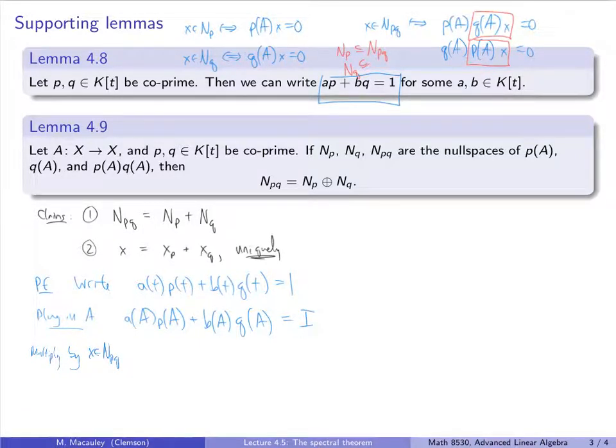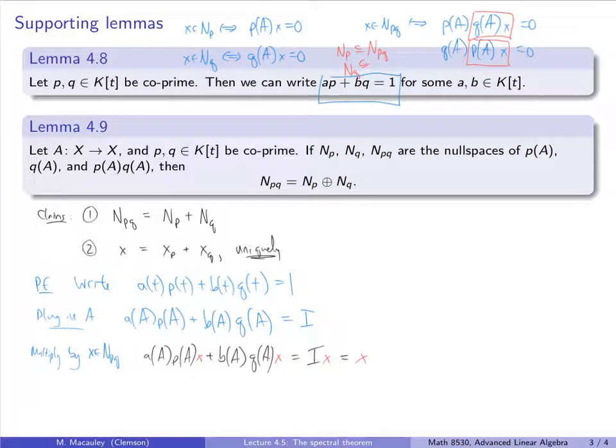And if we do this, we get A of A, P of A, x, plus B of A, Q of A, x equals I times x, which equals x. So I have just taken an arbitrary element in NPQ, and I claim that what I have done is I have written it as a sum of something in NP and something in NQ.